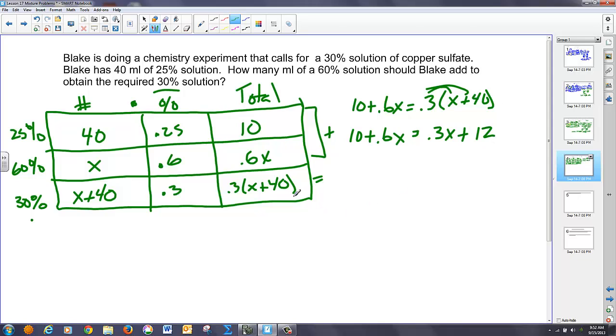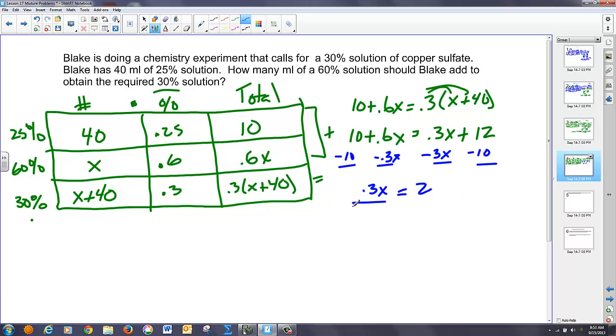So once again, I'm going to get all my variables to one side, all my constants or numbers to the other. I'm going to subtract 0.3x from both sides. And then I'm going to subtract 10 from both sides. The 10's reduce out. I'm left with 0.3x equaling 12 minus 10 is 2.